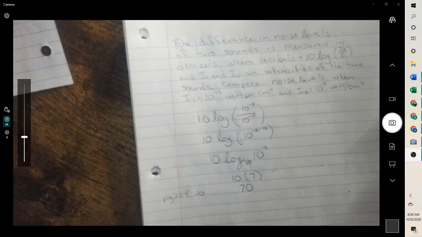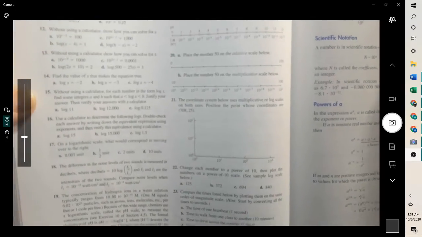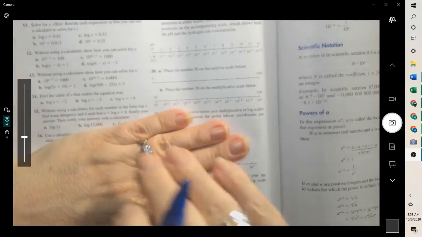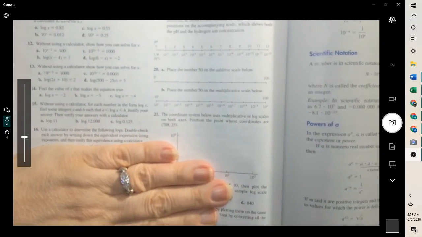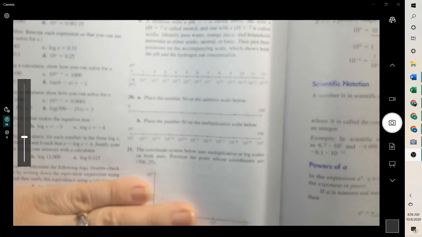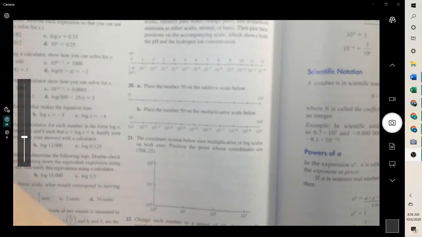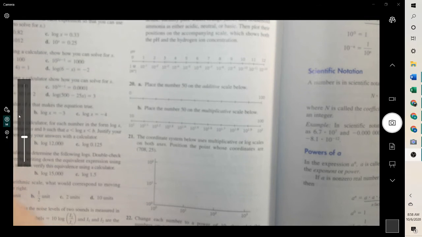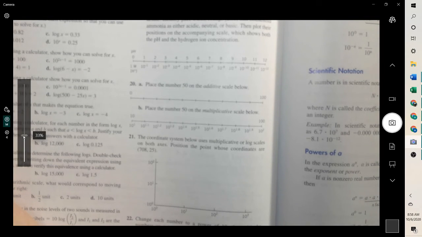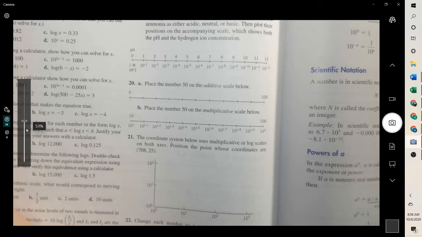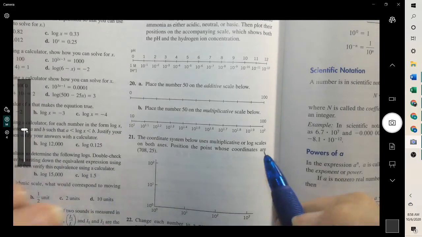There's one more I wanted to show you on page 254, number 20. See if we can make it a little clearer. There we go.